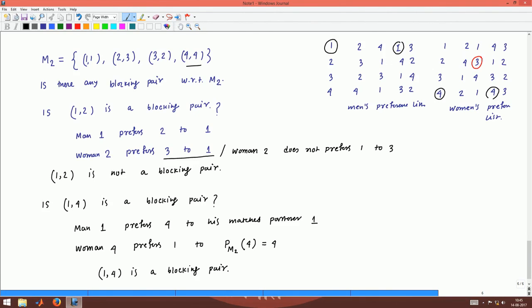I hope that these 3 examples of blocking pair will be enough to understand what a blocking pair is with respect to a matching. Now, we go to the definition of stable matching.